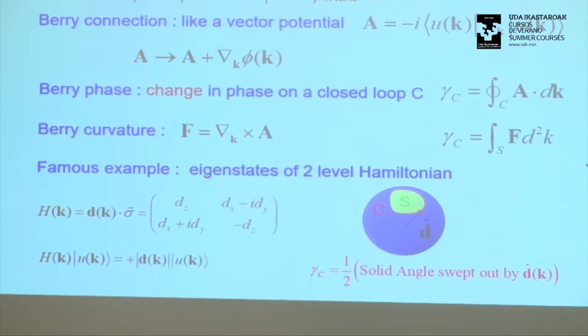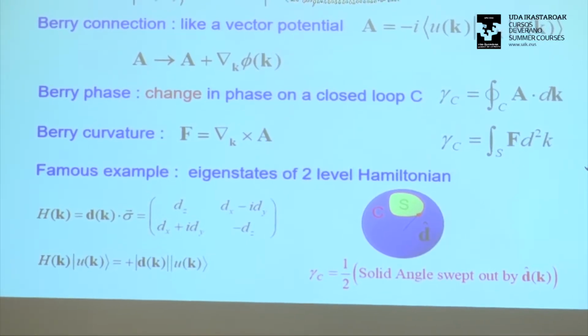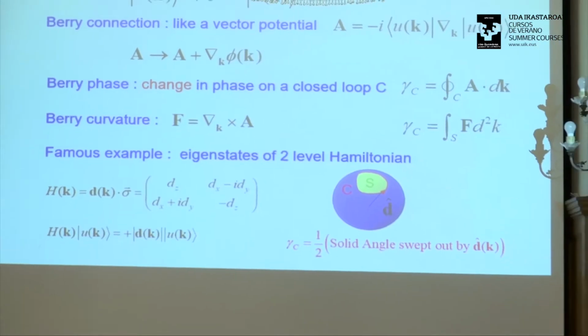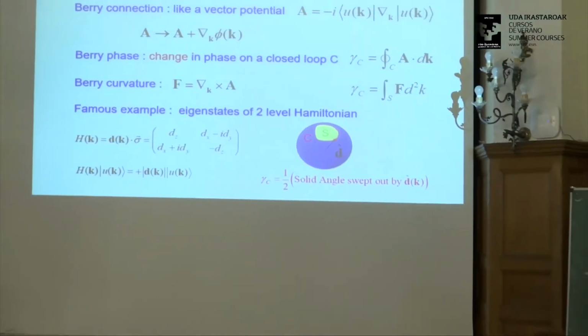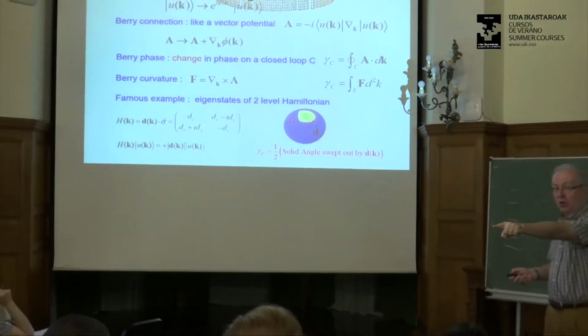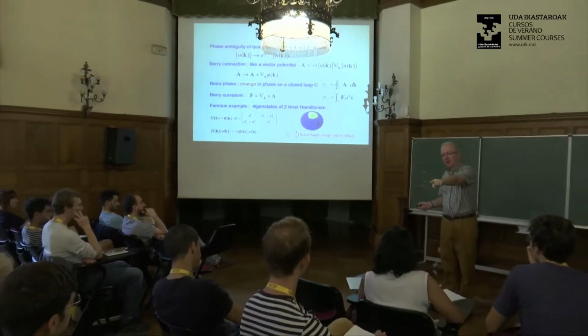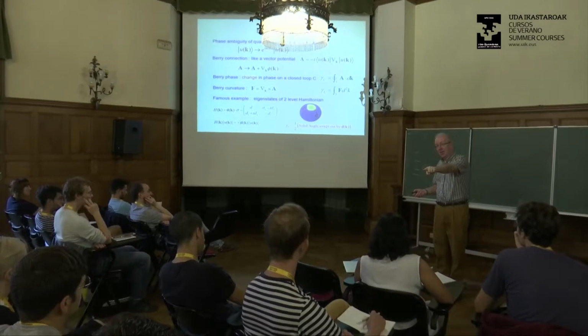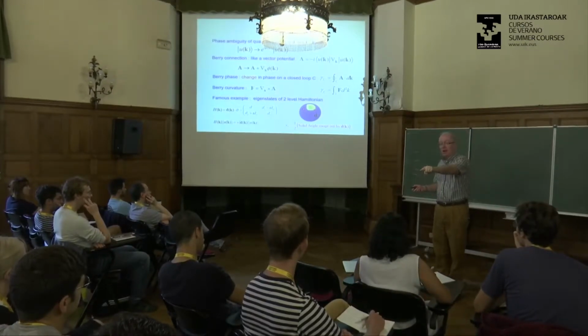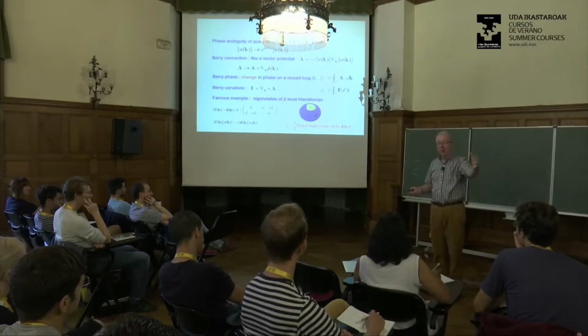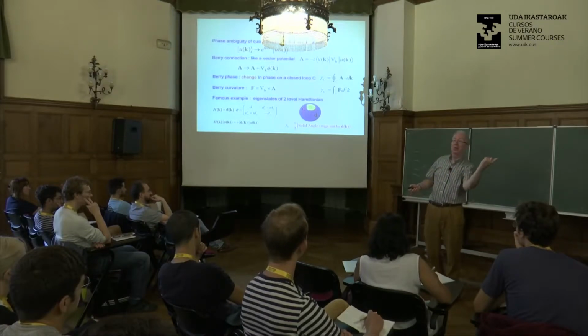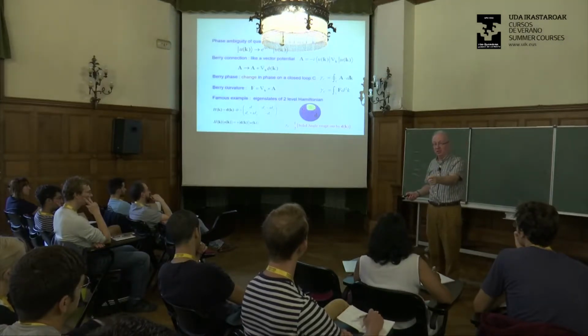Just as an example, if you have a spin and you rotate it by 360 degrees, then the Berry phase is half of the hemisphere, which has solid angle 2 pi, so the Berry phase is pi. And that's the minus sign that you pick up when you rotate a spin by 360 degrees.